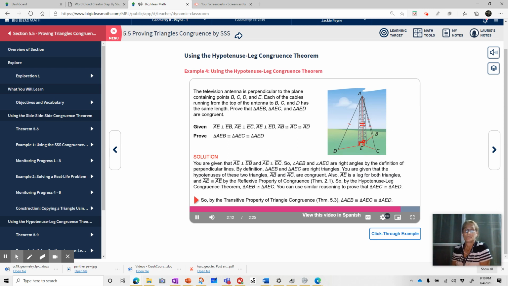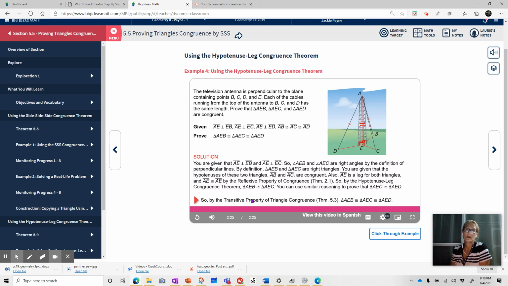So, by the transitive property of triangle congruence, triangle AEB is congruent to triangle AEC, which is congruent to triangle AED. So I know it's very wordy, but hopefully when the little marks were being made, you could follow that along. If you couldn't follow it, stop and rewatch it.